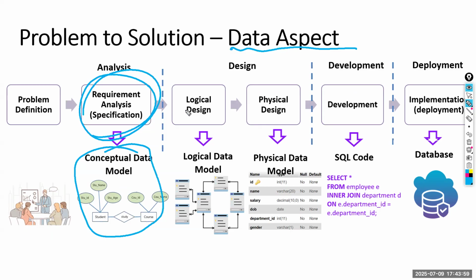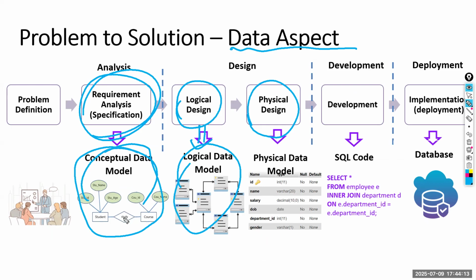When it comes to design related to databases, we subdivide it into two: logical design and physical design. For logical design, the result is the logical ER diagram, or logical data model. This comes after doing some design, normalization and so on.